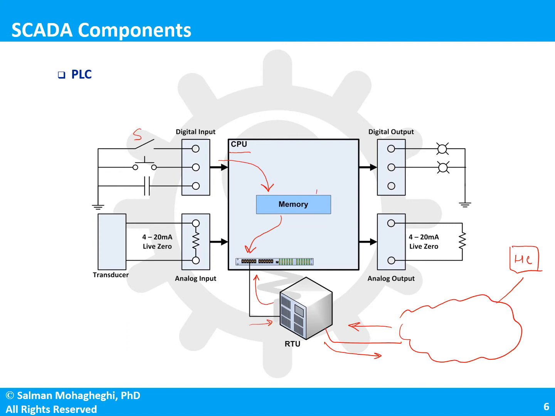For example, it could be an on-off command, a digital output to switch on a device or switch off a device, or turn on an alarm or anything like that.